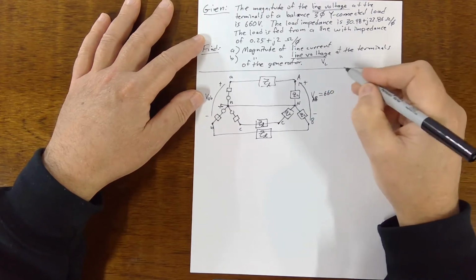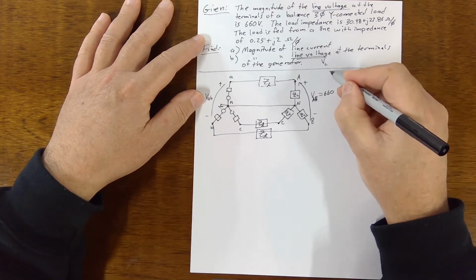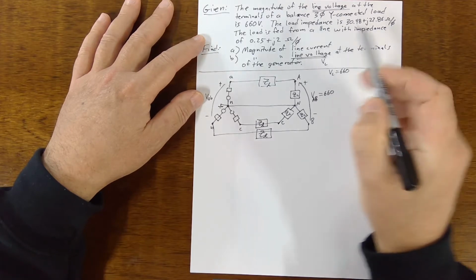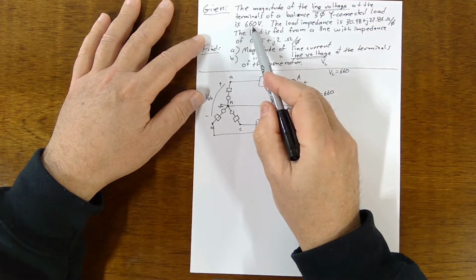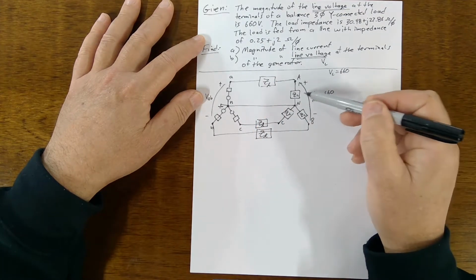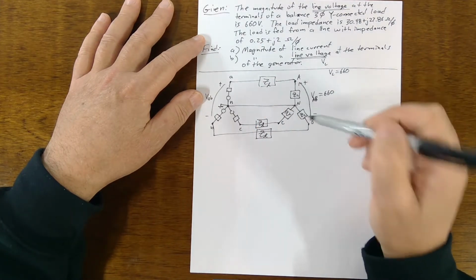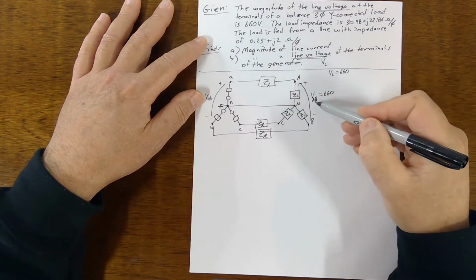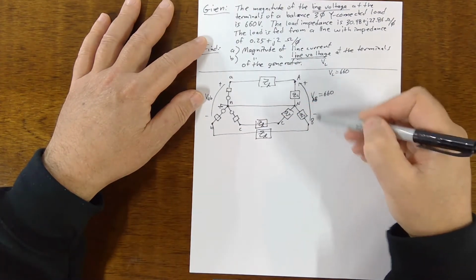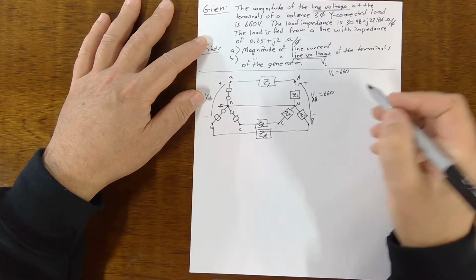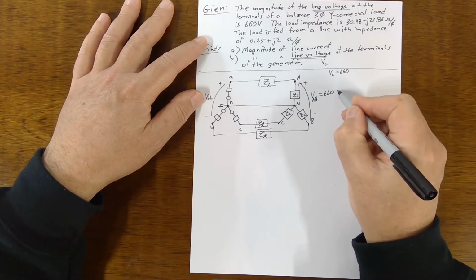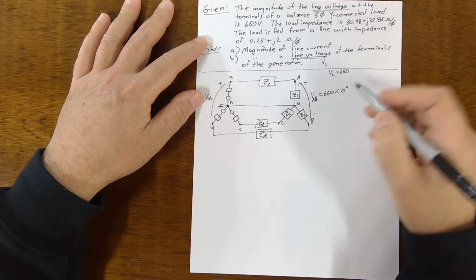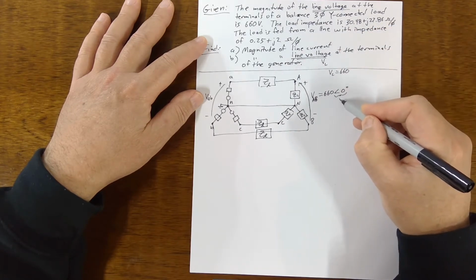They're telling you that V sub L is 660. Because remember, there are three of these line-to-line voltages, and they all have the same magnitude, and they're just giving you one of them. So for our picture here, let's choose V_AB, and let's make V_AB our reference. Since they're not giving an angle, we'll just choose this as a reference.